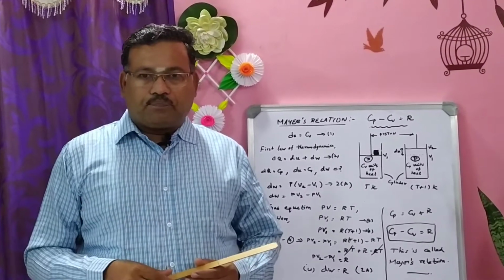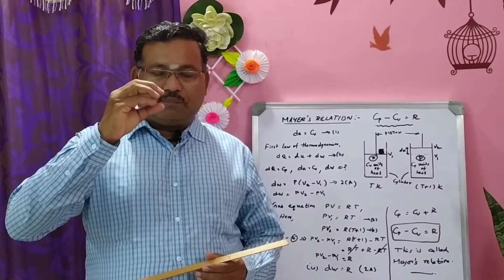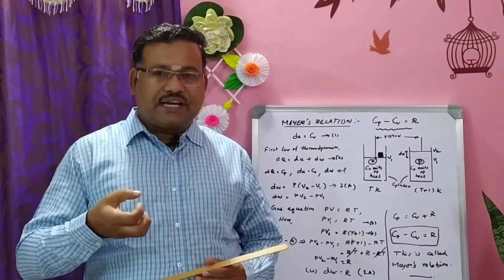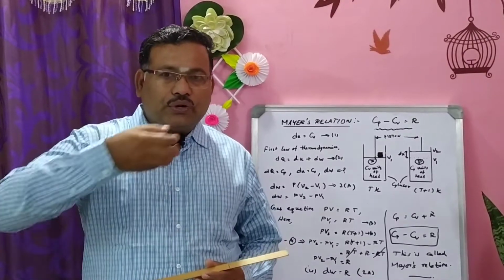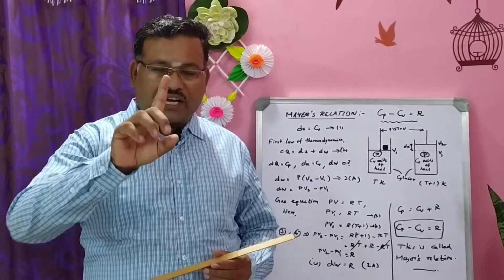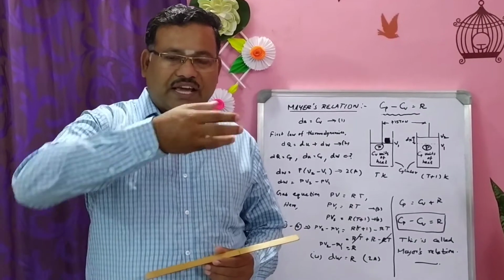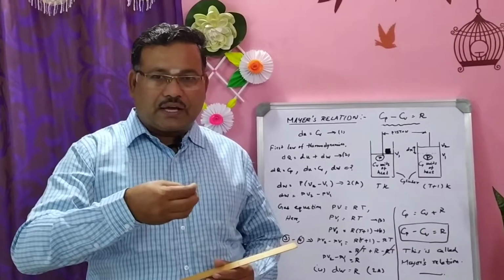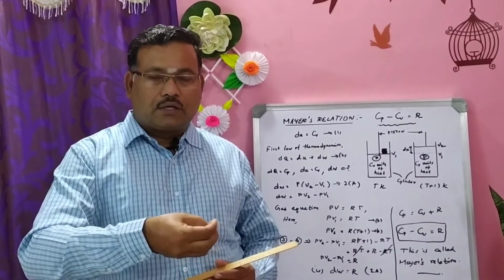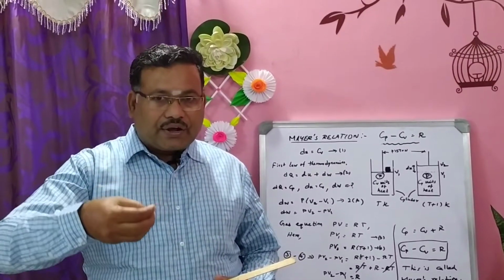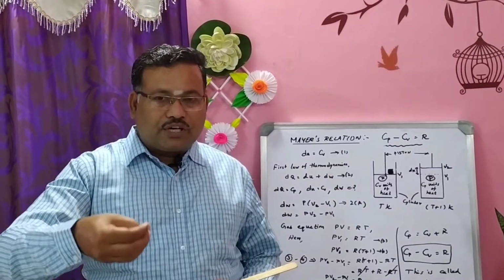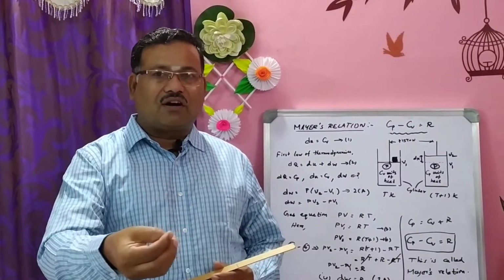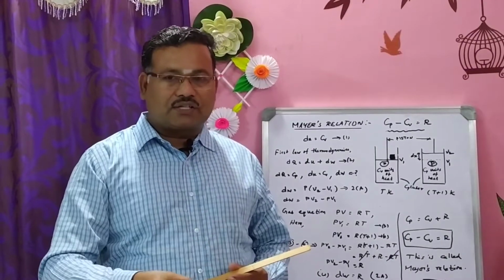The definition for Cp: the amount of heat required to raise the temperature of unit mass of gas, that means 1 kg of gas, through 1 Kelvin at constant pressure is called specific heat capacity at constant pressure.